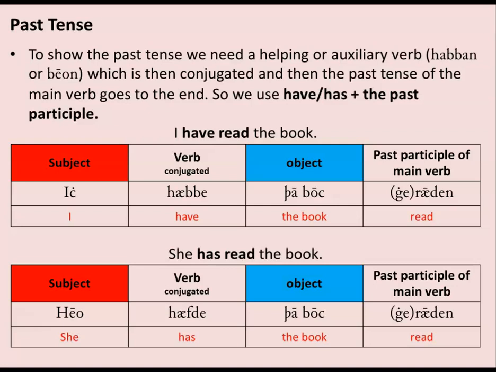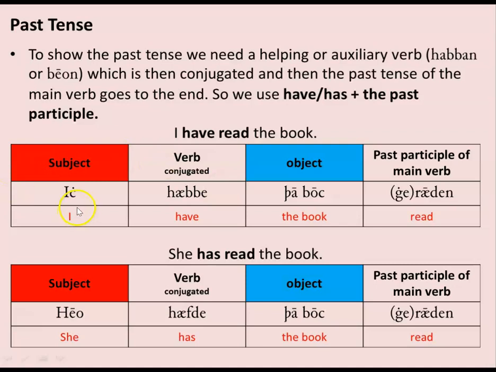Okay, I have read the book. Have read the book. It is now complete. It's finished. It's an action completed in the past. So the first verb, have, okay, first person, present tense singular, because I have as of this moment, it is completed. I've finished, I've read the book, so I have. So it is the present tense right now.